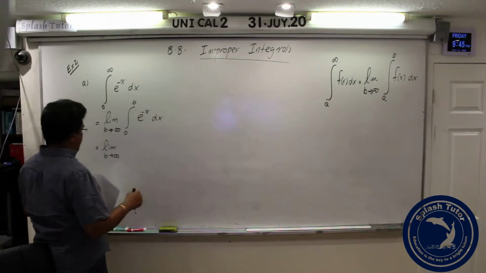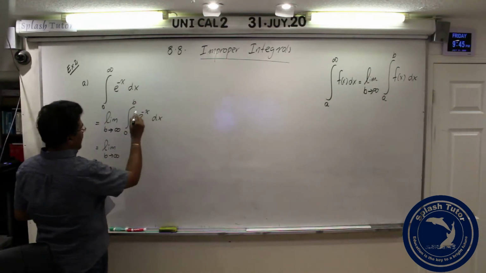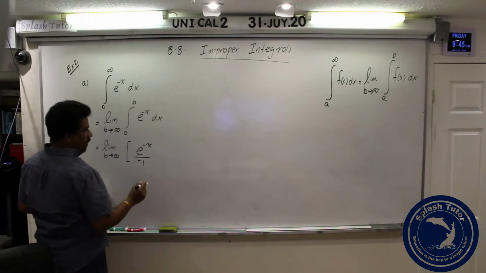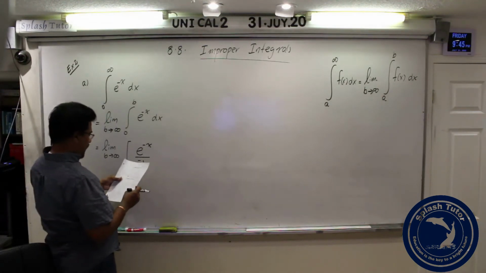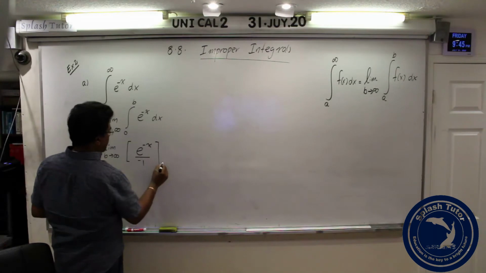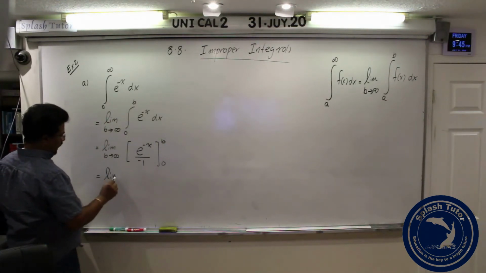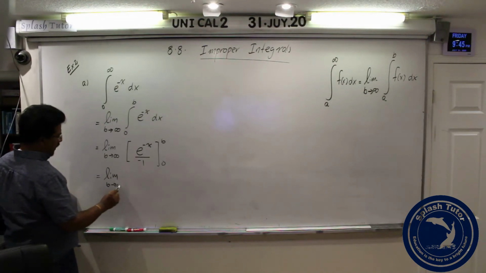This one is e to the power minus x over minus 1, right, from 0 to b, the limit as b goes to infinity.